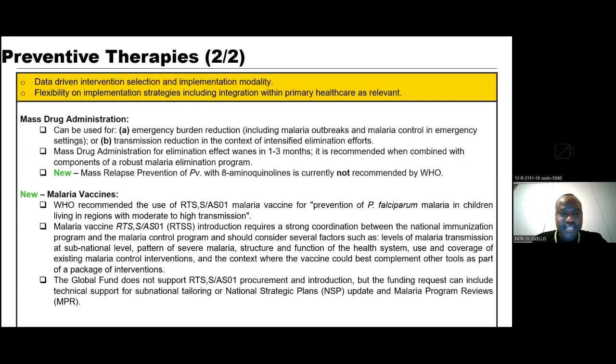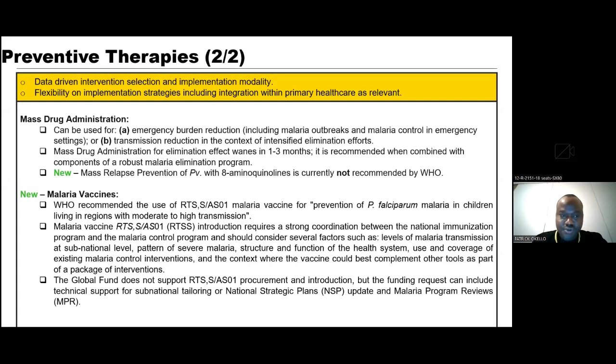However, we do know that its effect wanes within 1 to 3 months. So if you are doing this either in emergency burden reduction or in elimination efforts, it must be combined with a very robust malaria elimination program. Currently, WHO does not recommend mass relapse prevention of PV, so that will not be funded.